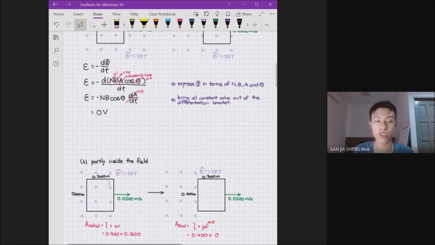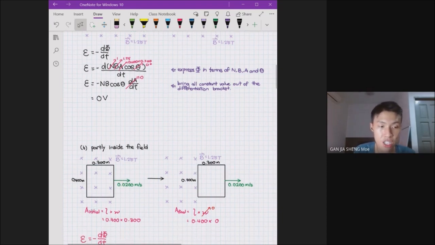Initially, all of the area inside the coil experiences the magnetic field passing through it, but as you move to the right, slowly the area that is experiencing the magnetic field will decrease until at the end, there is no area within the coil that experiences magnetic field passing through it. So this will be the initial situation. This will be the final situation.